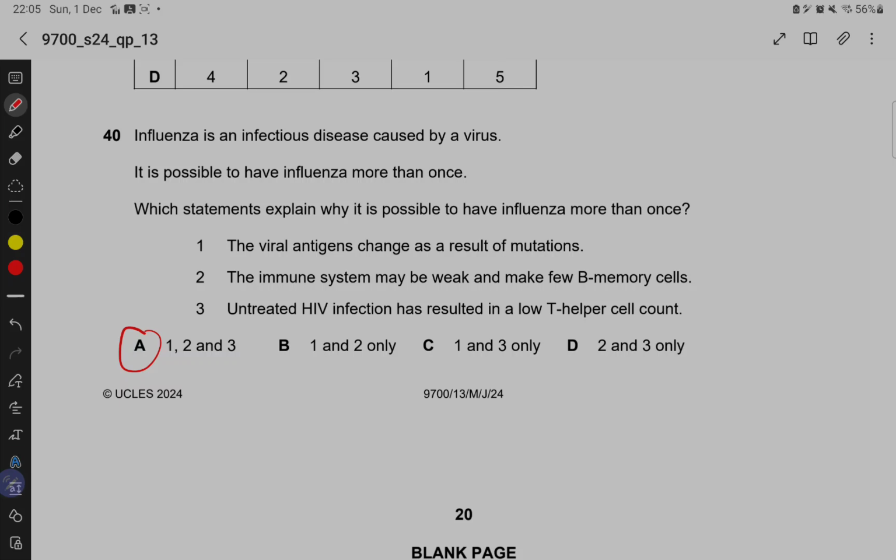And when you have different antigens because of a mutation, you can basically assume it's like a completely new virus that requires you to go through the same process again. Your current memory cells aren't going to be able to help fight against the influenza, so that's why there will be a second strain.